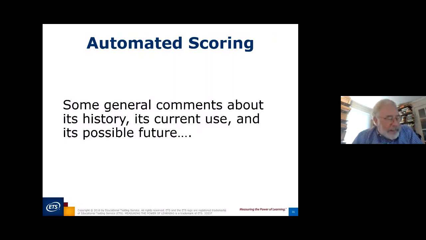I'm mentioning this because it has come up a few times. Starting in 1999, I think, ETS began using a computer software program developed by computational linguistics experts in what we call the Natural Language Processing group in research, developed to, in a sense, score essays.